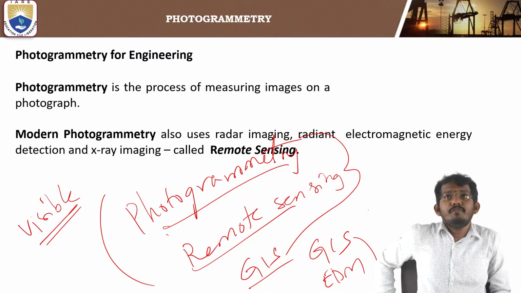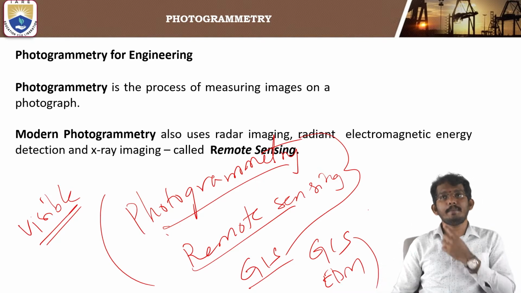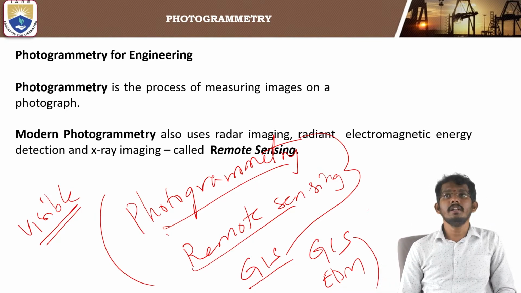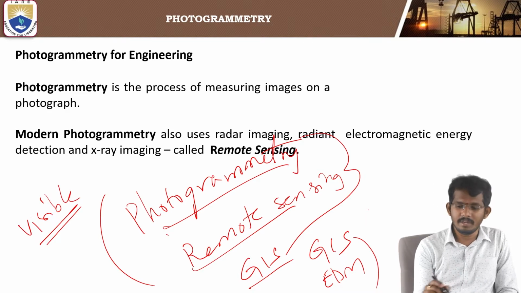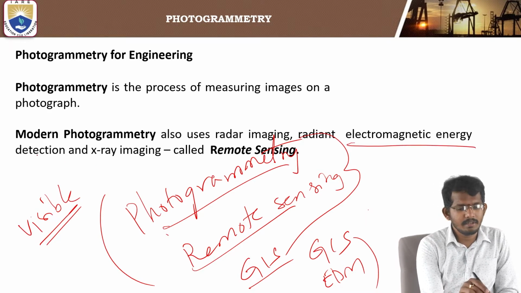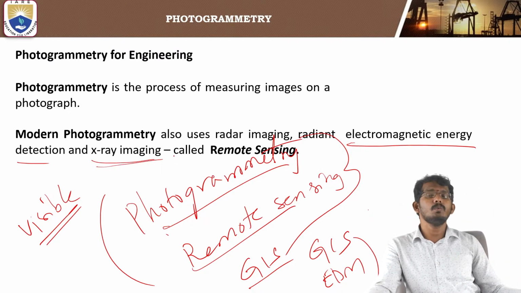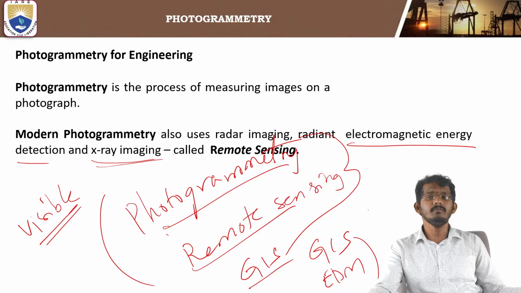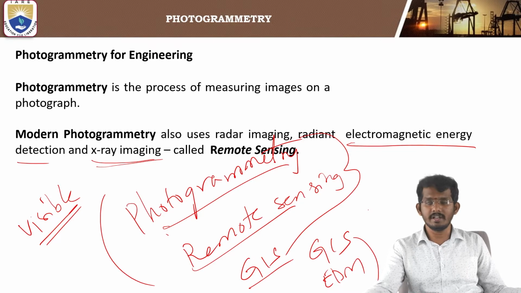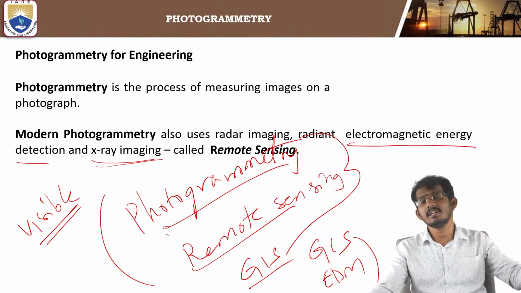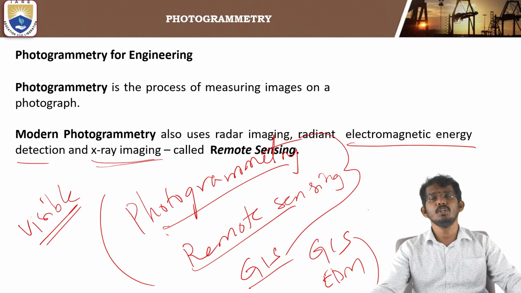But in modern photogrammetry, we are also capturing images using radar imaging, radiant electromagnetic energy or X-ray imaging. As we know, in the electromagnetic spectrum we have various rays: starting from microwaves, UV, IR, near IR, far IR, X-ray, gamma ray, and so on.